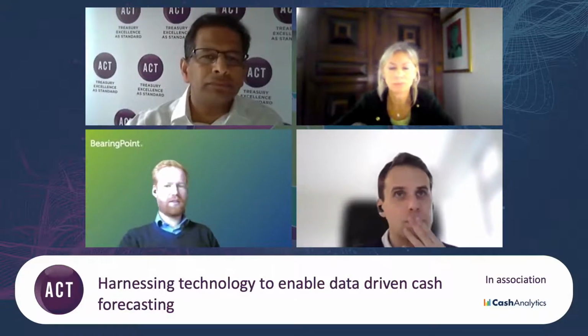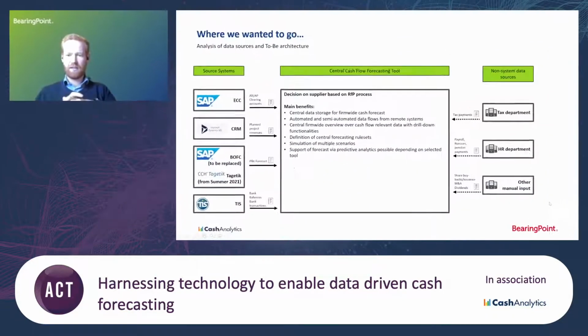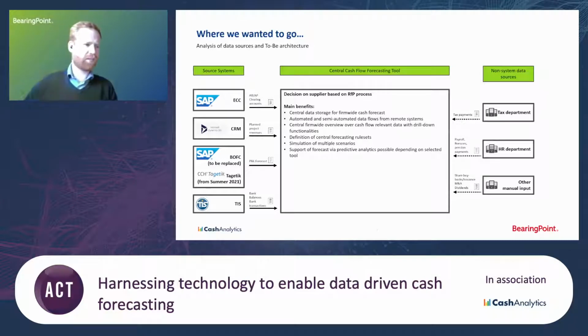Now, looking at the landscape that we actually had to deal with, the ultimate outcome of the analysis phase on the technical side was that the main data sources consumed by our controllers consisted of four systems, as you can see here on the left-hand side.